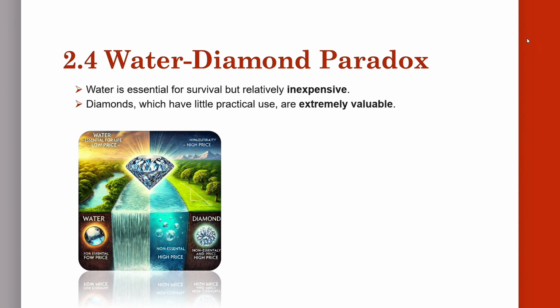This paradox is a powerful reminder. Market prices reflect marginal utility, not necessity. It's a concept that helps us understand pricing in everything from basic goods to luxurious items and even tech products today.